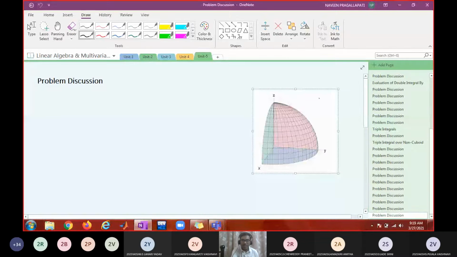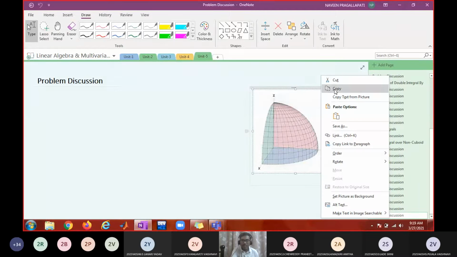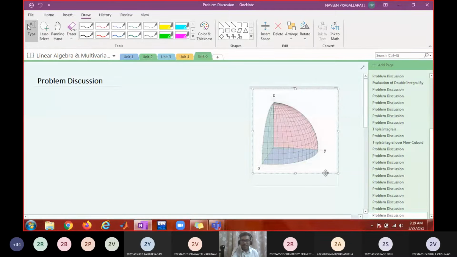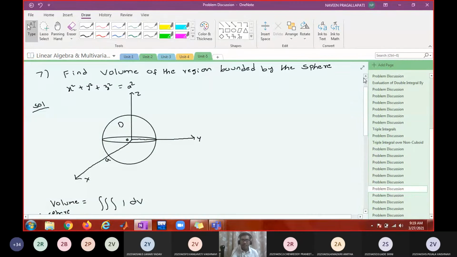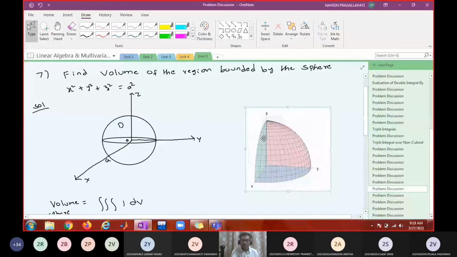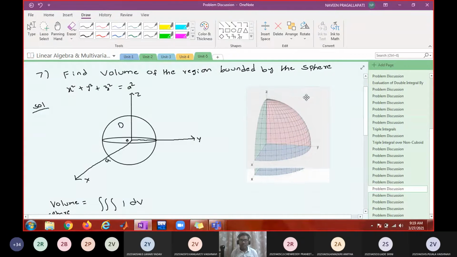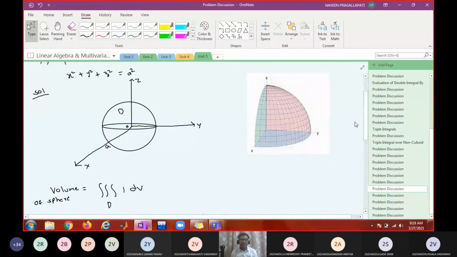Is this the volume? Do you agree? That is how the volume of the spherical region in the first octant looks. So this is only 1/8 part of the sphere.